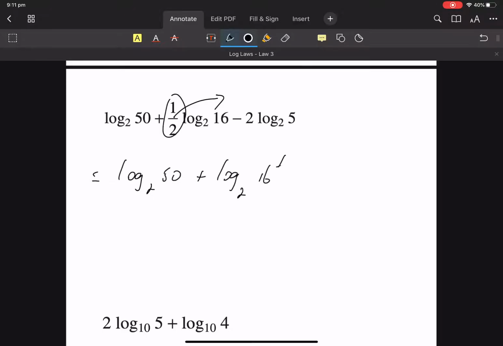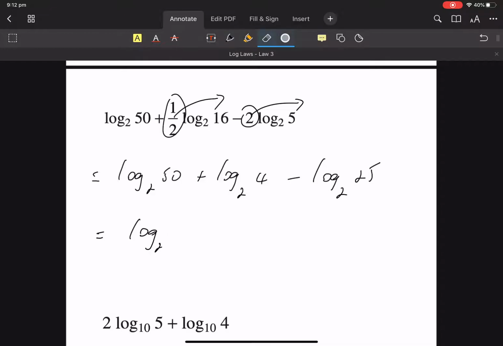So 16 to the half. A half is the same as a square root. Root 16, 4. Let's put the 2 up there. So that's log 2 of 5 squared. 5 squared, 25.